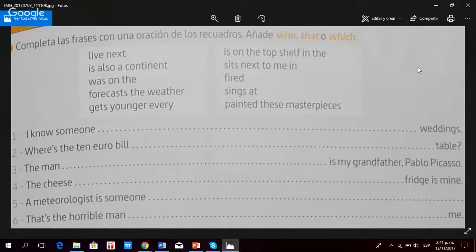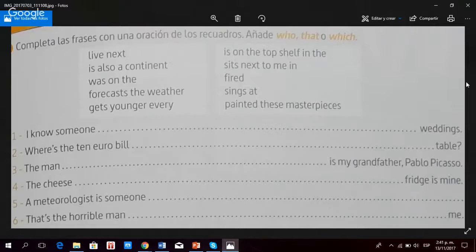The man, what is masterpieces? Obras maestras. I understand. The man who painted these masterpieces is my grandfather Pablo Picasso.